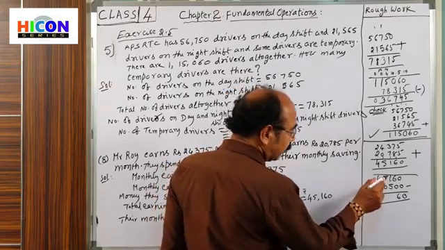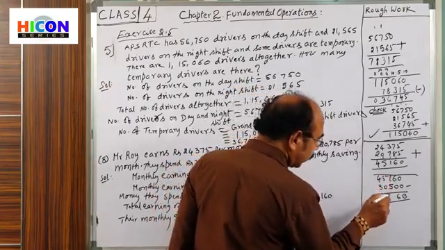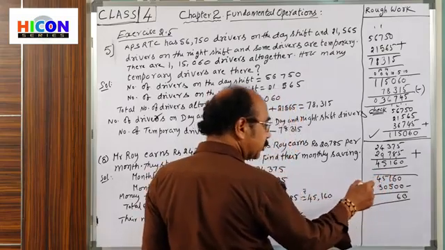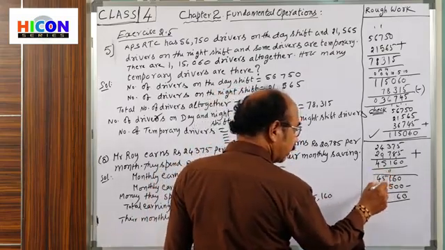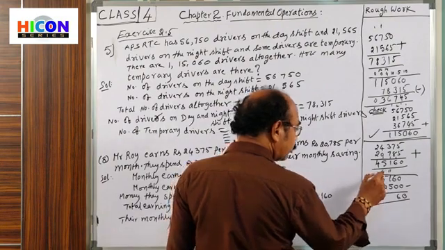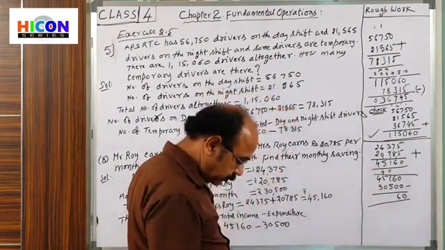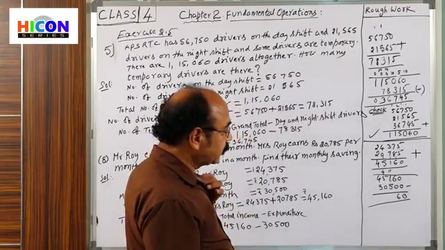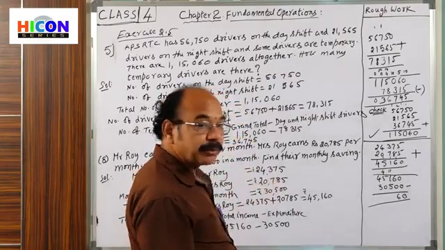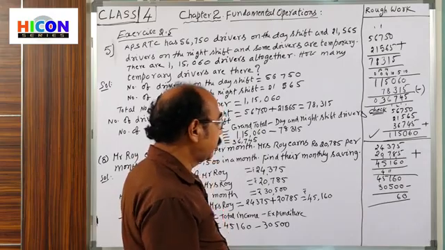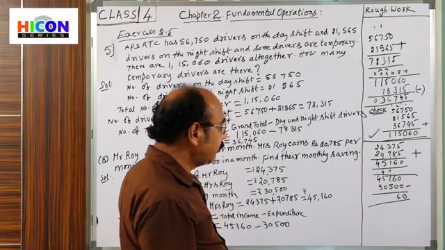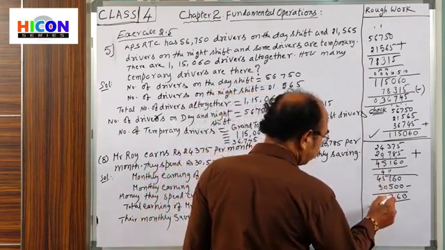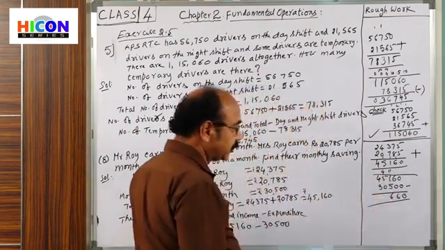Then here 1 becomes 11, because we are taking borrow from its before place. 5 becomes 4. Now 11 minus 5 is 6.